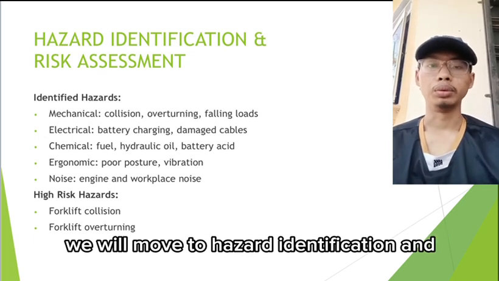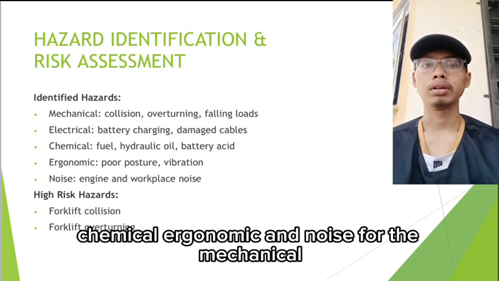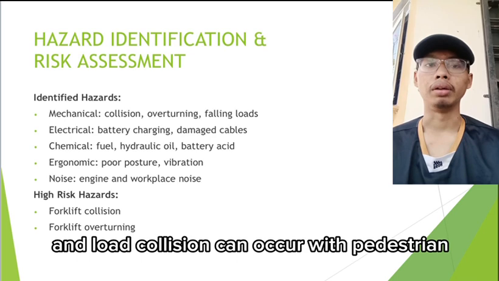We will move to hazard identification and risk assessment. For the identification, we have mechanical, electrical, chemical, ergonomic, and noise. For the mechanical, this involves physical movement of the forklift and load.